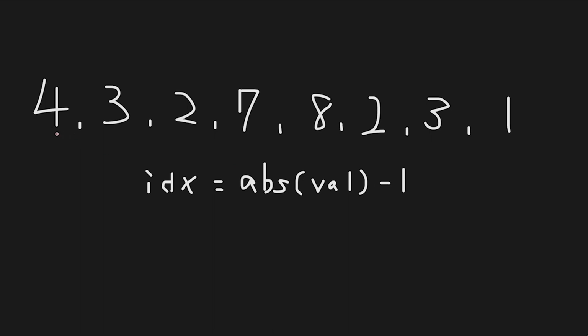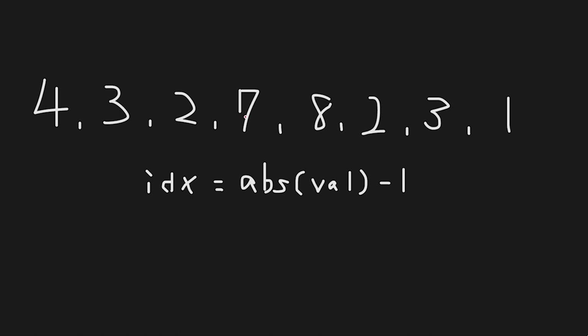So let's say we have 4, and the index number is 4 minus 1, which is index 3. Then go to 0, 1, 2, 3. If the number at index 3 is positive, then multiply by minus 1 and change to a negative number.